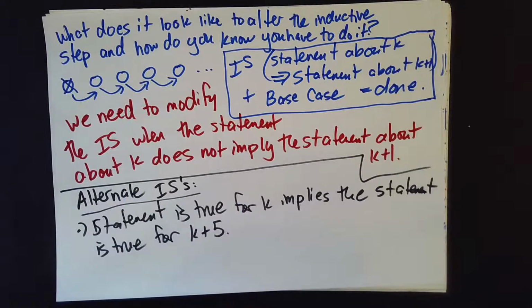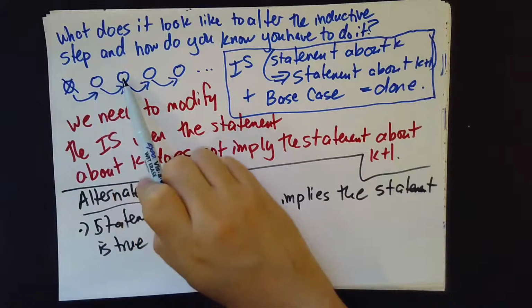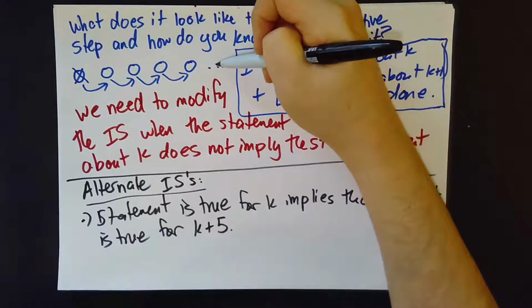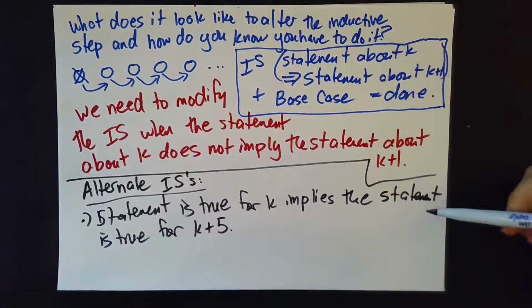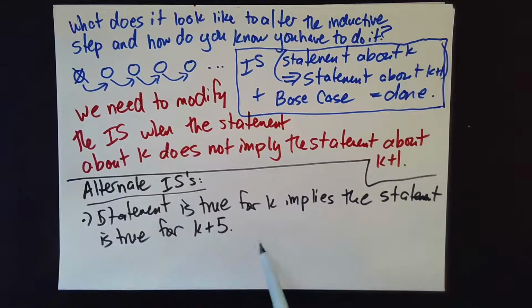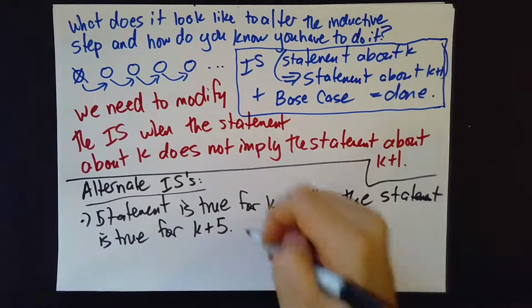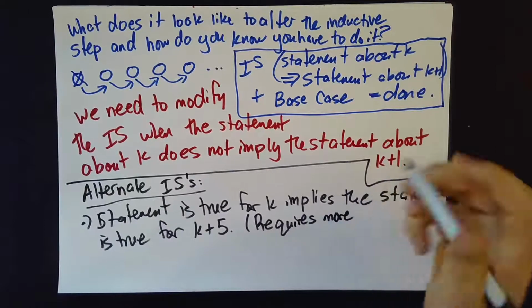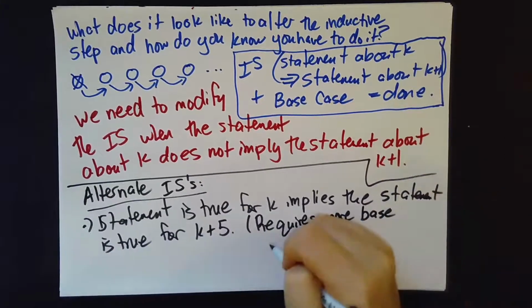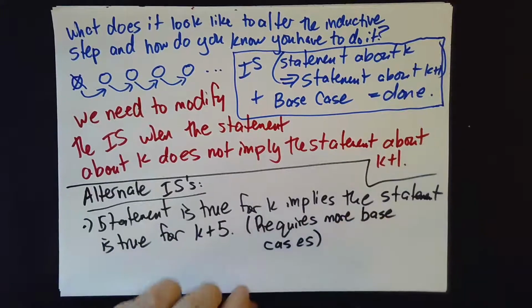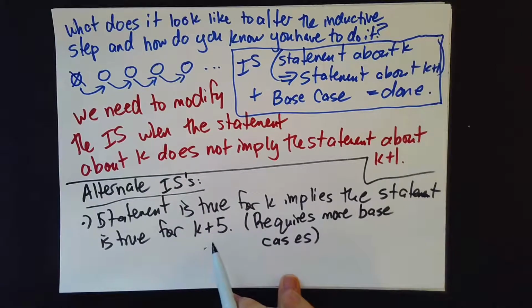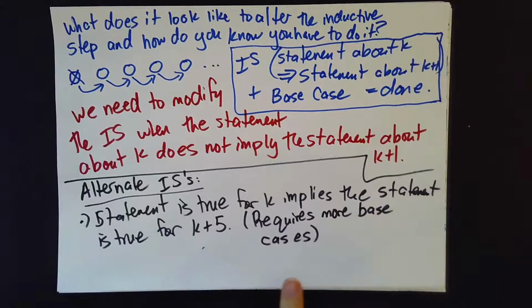So instead of going from one lily pad to the next lily pad to the next lily pad in our analogy, our frog has to sort of jump all the way to 5 lily pads ahead. But maybe this is the natural thing to prove. And if this is the natural thing to prove, that's fine. We just need more base cases. And so in this particular case, it would require 5 base cases in order to use this inductive step instead.